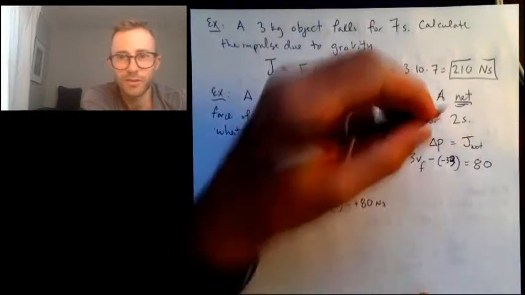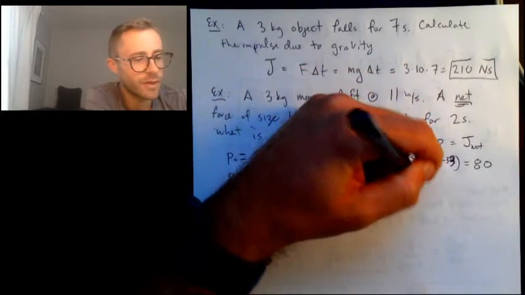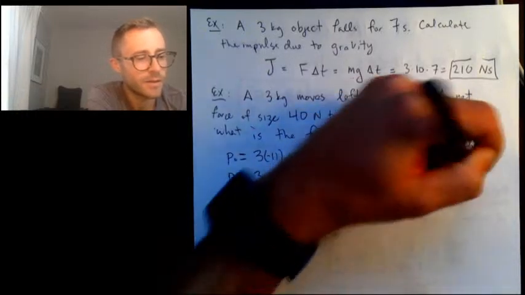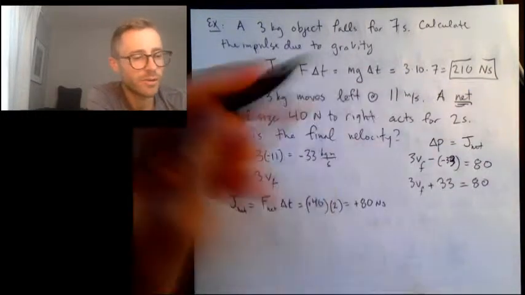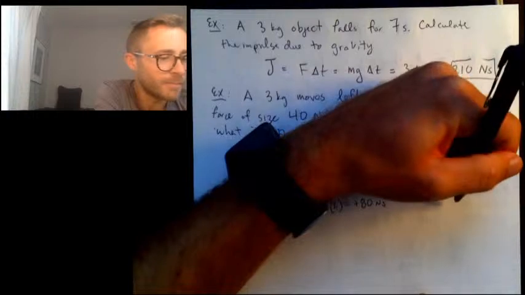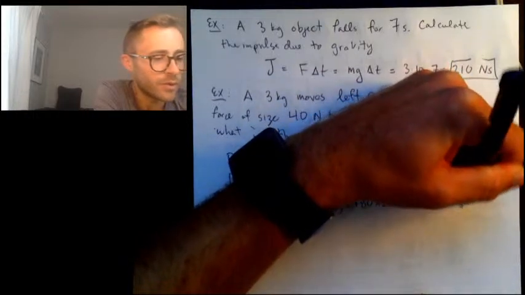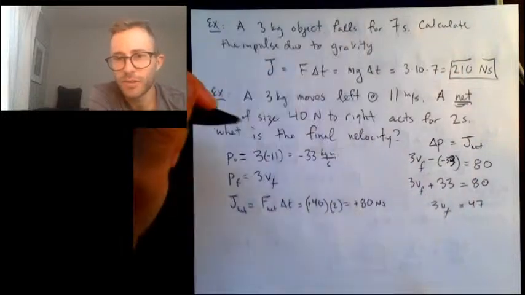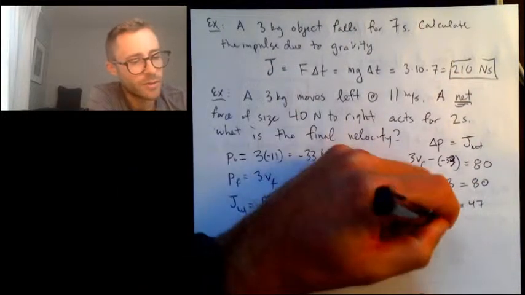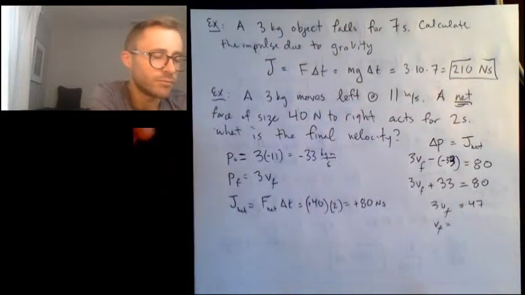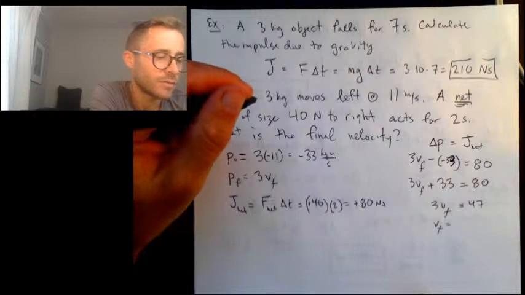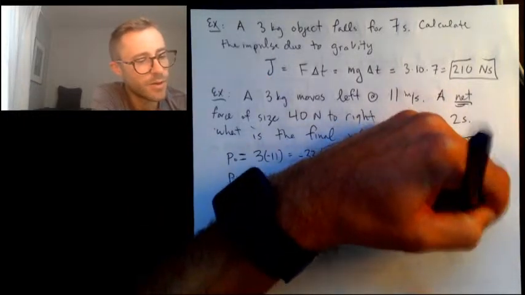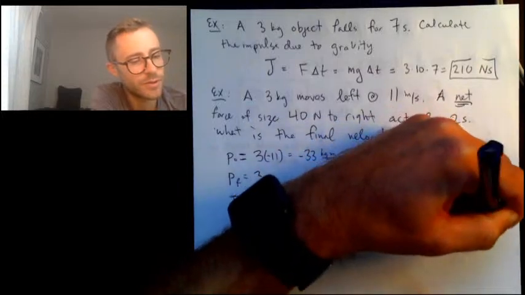Minus minus is plus, so 3v final plus 33 equals 80. Subtract the 33 over: 47 equals 3v final. Divide both sides by 3, and v final is plus 15.6 meters per second.